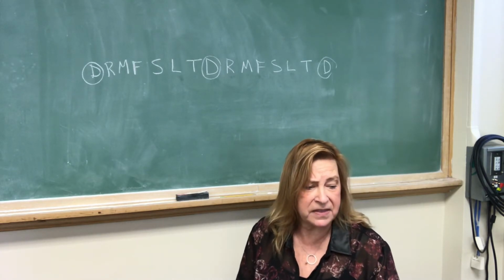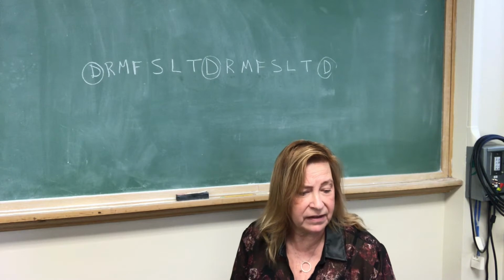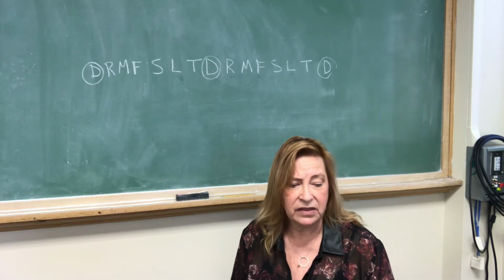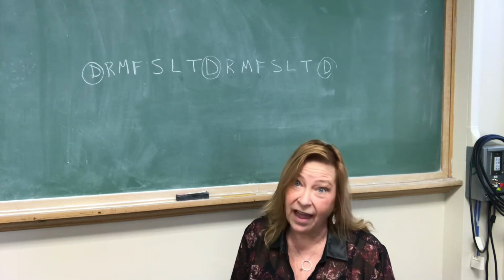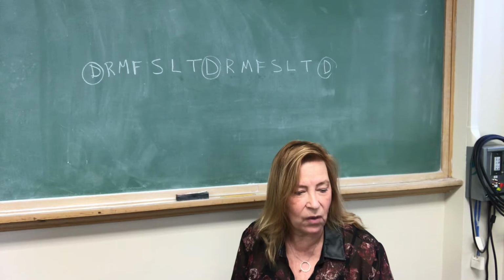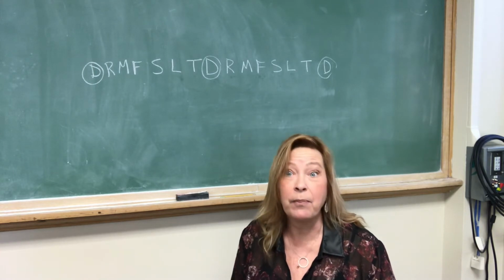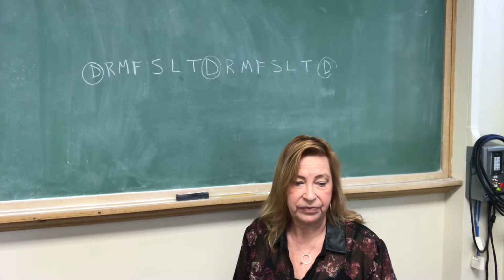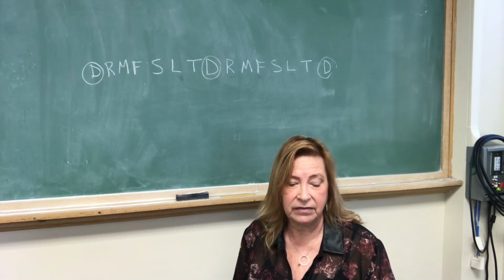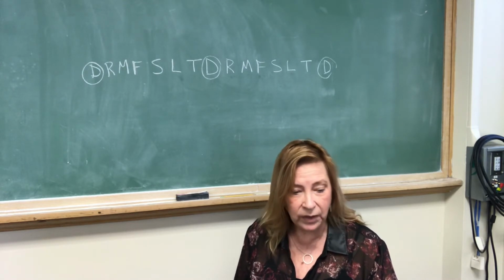If I scan through this melody, I always like to look at the last note into the new line. So that is sol up to mi. That's an interval that you're familiar with.